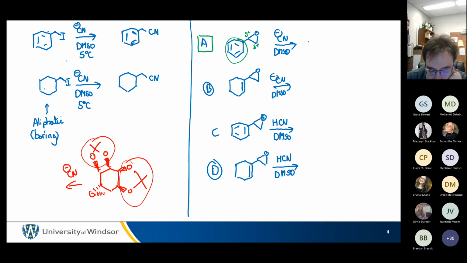we've got two products because this oxygen is going to spring open. The epoxide is going to open, but we've got two ways to do it. We can open at this carbon, or we can open at that carbon, because either one could be the electrophile.